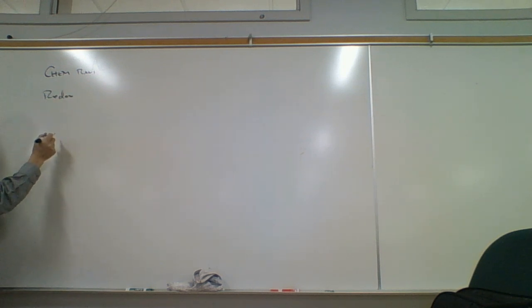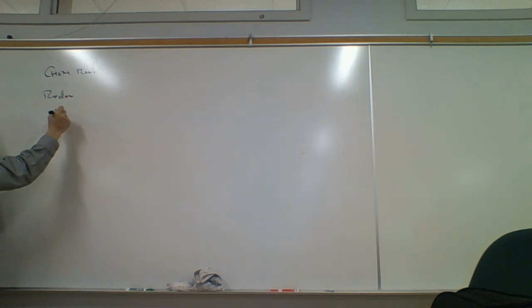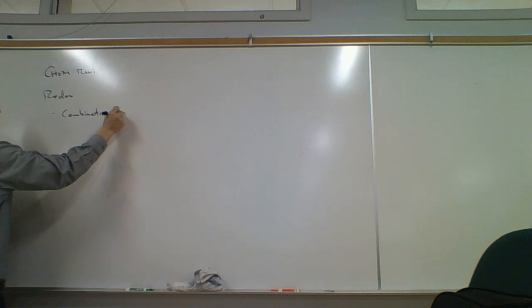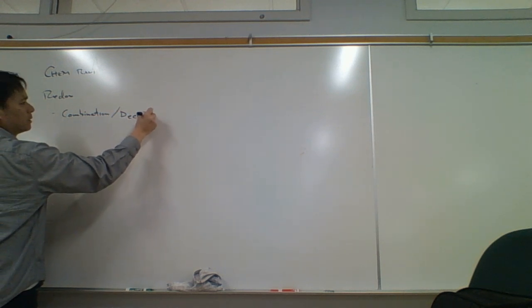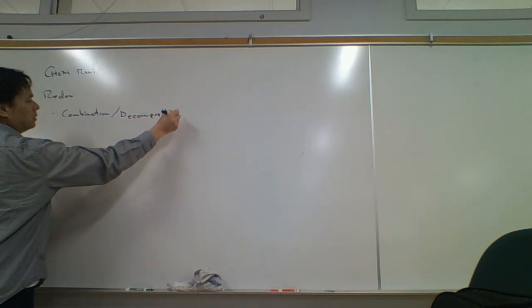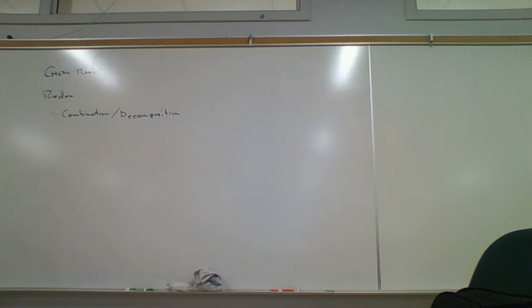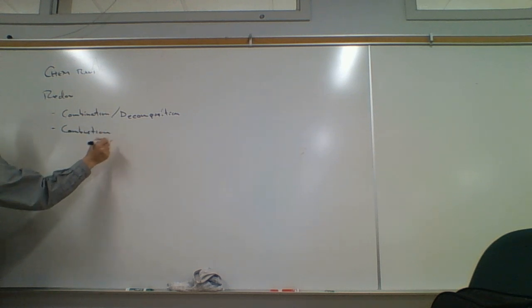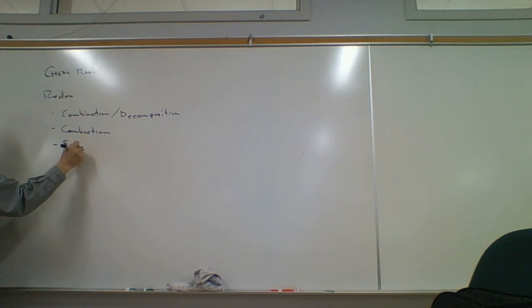So we're going to look at redox reactions. A little bit of lecture first. The redox reactions: we have the combination and decomposition type, we had talked about combustion, and there's single replacement.